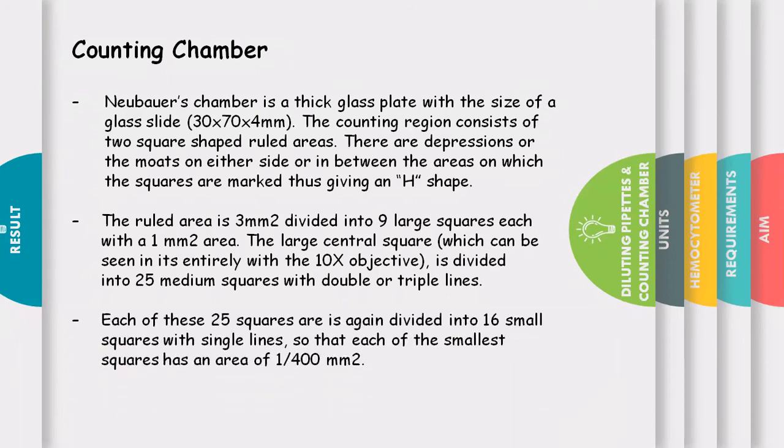Each of these 25 squares is again divided into 16 small squares with single lines, so that each smallest square has an area of 1/400 mm². The depth of the chamber is 1/10 mm or 0.1 mm.